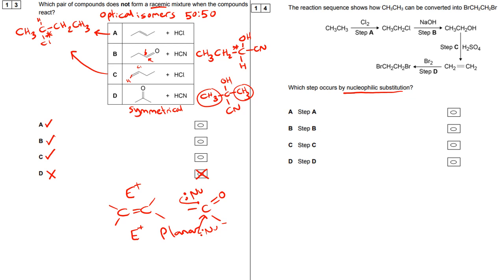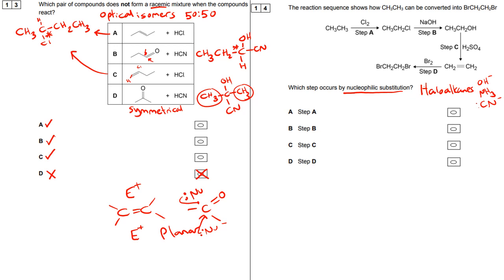Nucleophilic substitution occurs with haloalkanes, where the halogen is substituted out for a hydroxide ion, or for an ammonia molecule to form an amine, or for a cyanide. You can just have a look there, see which one's happening, but I'll talk you through it and eliminate the other steps, just in case you weren't sure.